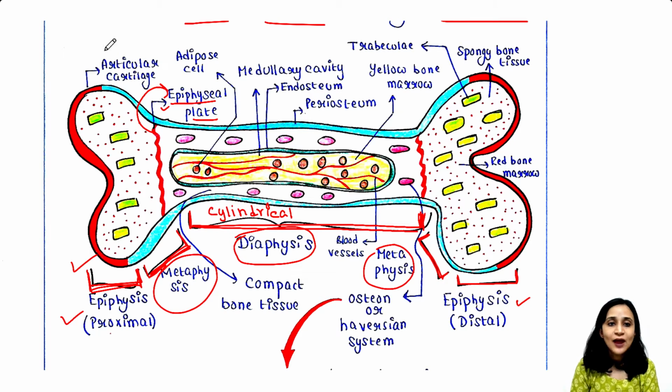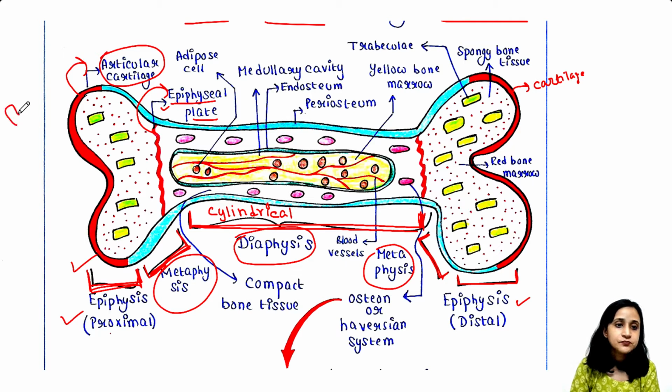And here you can see this is the articular cartilage. This part is called articular cartilage. Here is one articular cartilage, here is another articular cartilage you will get. Articular cartilages are present in the end part of the bone, and these cartilages are important because they prevent the friction between two bones.